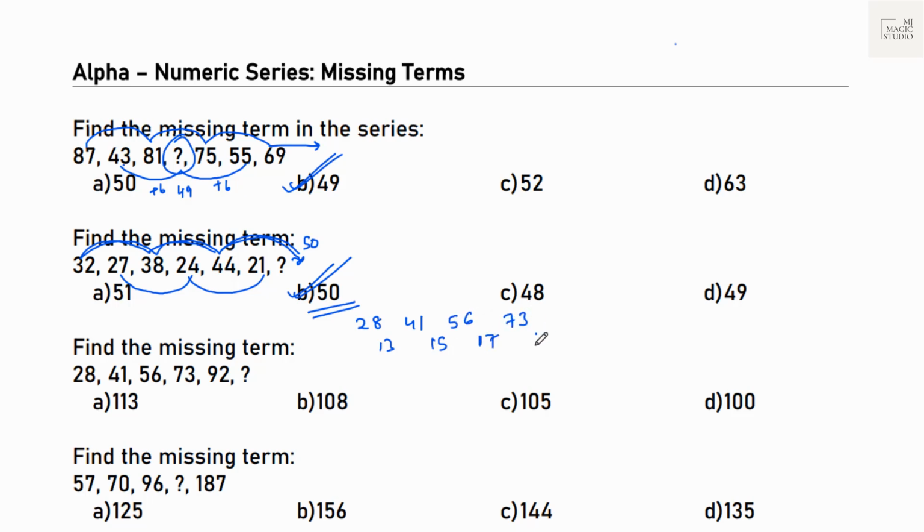Then 17 is 73, then 19 is 92. So the next difference should be 21 because it is following the difference of 2. 92 plus 21 is 113, and yes, that features in option A. Great. So the last one is for you. Try it.